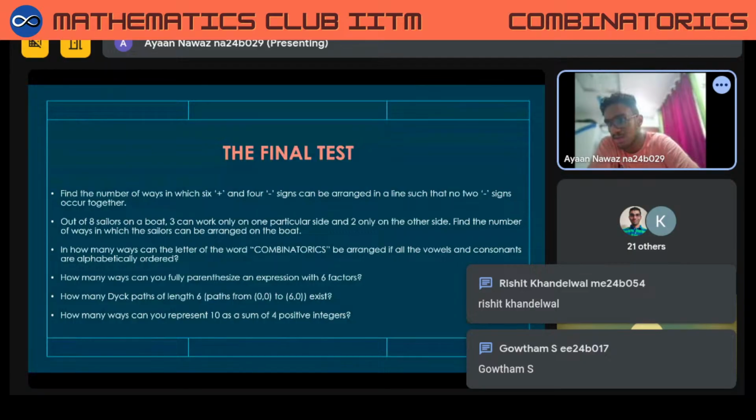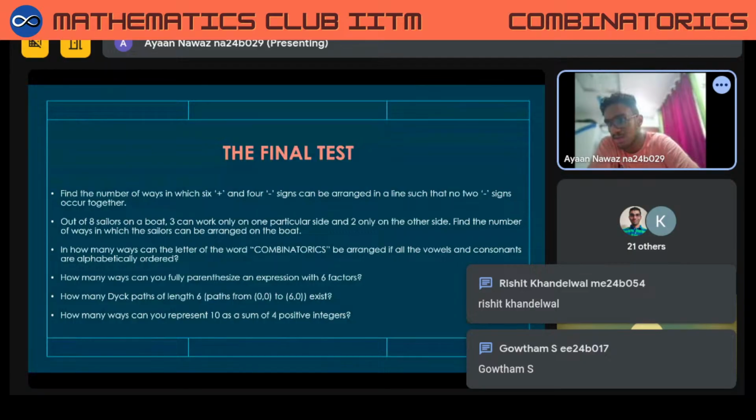Someone asked about the third question, vowels and alphabet, where vowels are alphabetically ordered together and consonants are alphabetically ordered together. So for the first one, 7C4 is the right answer.